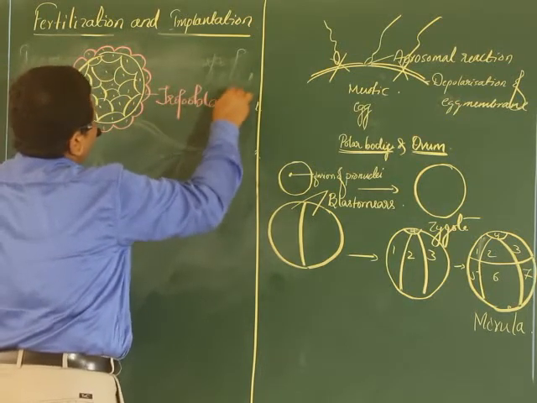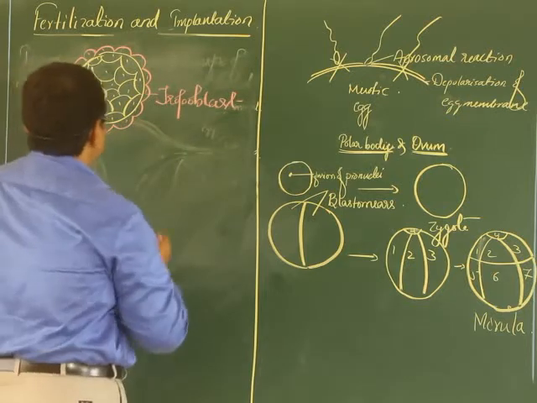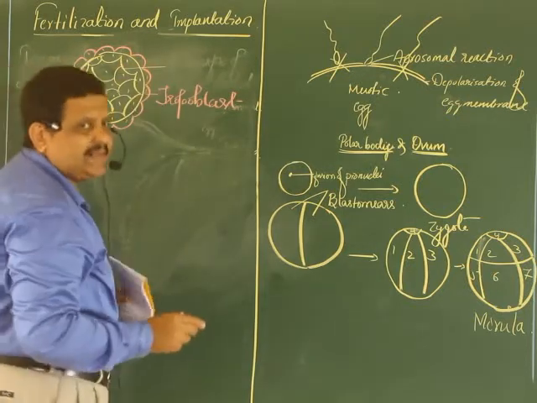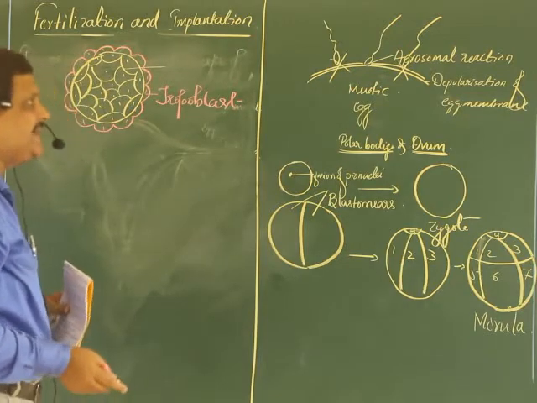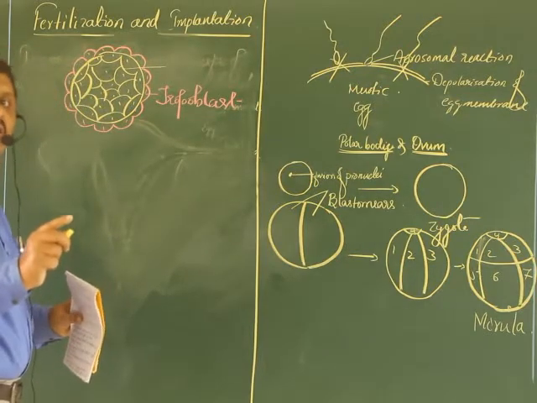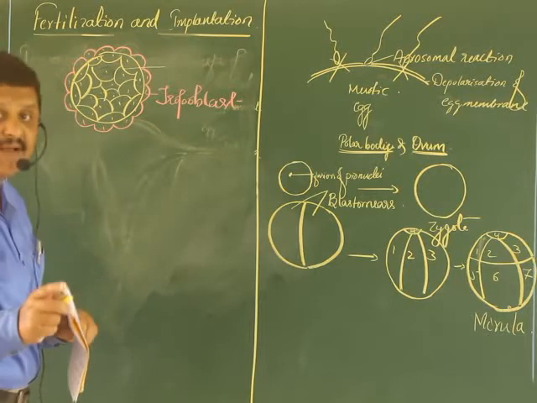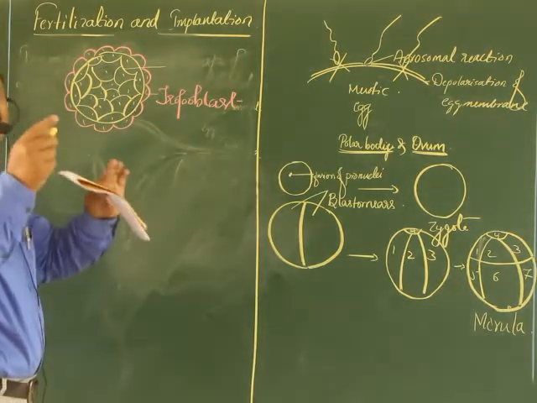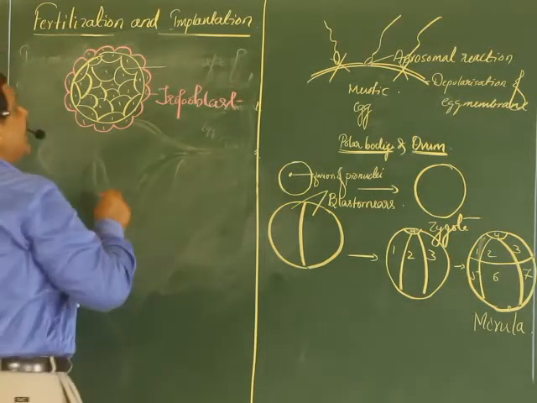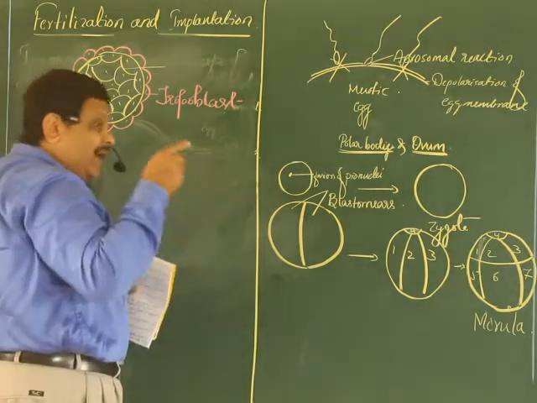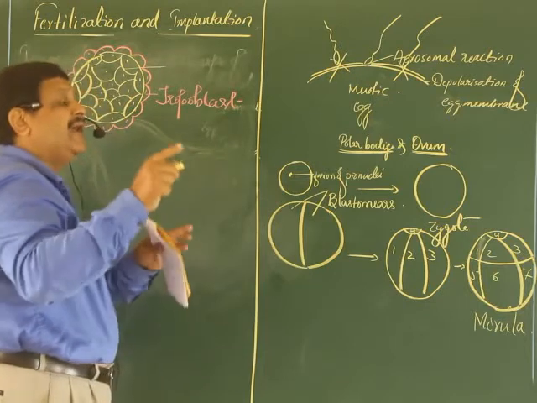And this structure, some student asked, what is blastocyst? Blastocyst is that stage which comes during cleavage where it is ready for implantation. It is one of the stages in the cleavage.